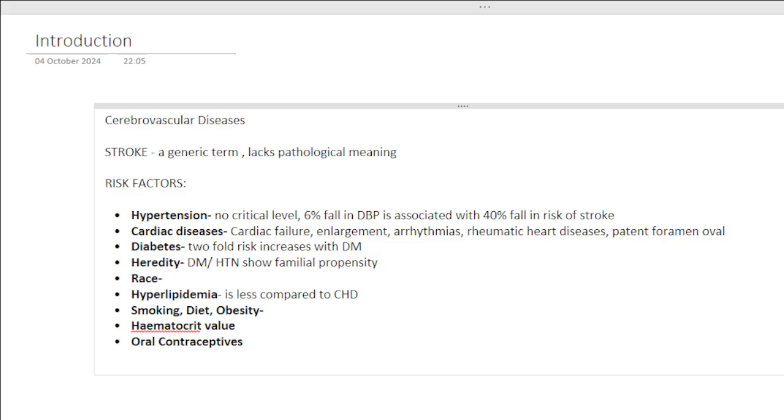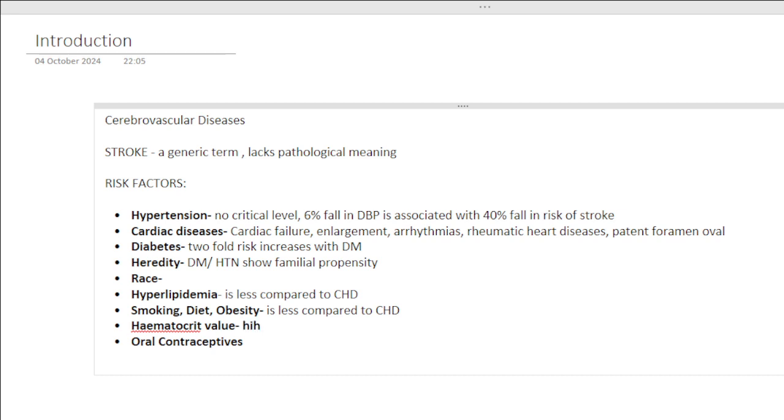Let us talk about the next very important factor, smoking, diet, obesity; all this again is less compared to coronary heart disease. Okay, hematocrit value. What is hematocrit value? So high hemoglobin concentration, that means what? That's the hematocrit level.